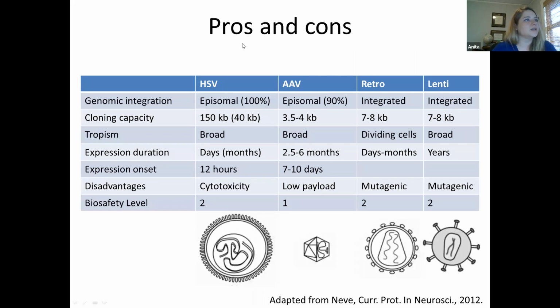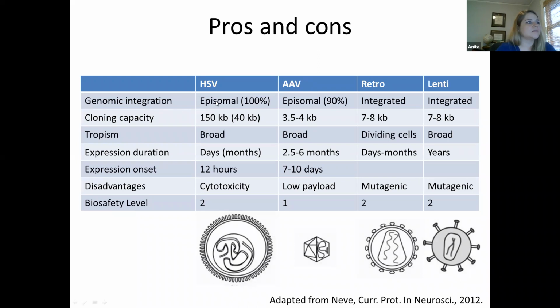Obviously there are pros and cons to using particular viruses to facilitate gene transfer, so there are some reasons why you might choose one over the other. Here's herpes simplex virus, adeno-associated virus, retrovirus, and lentivirus. Whether or not they integrate into the host genome, as I said, they don't have to.